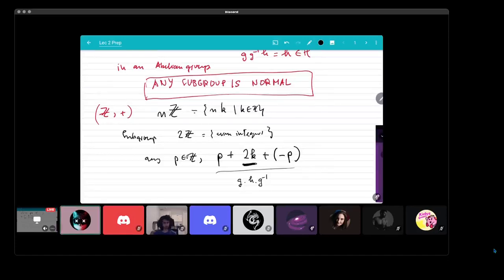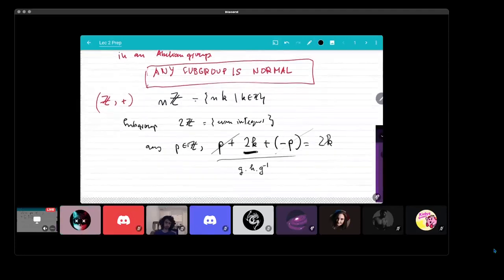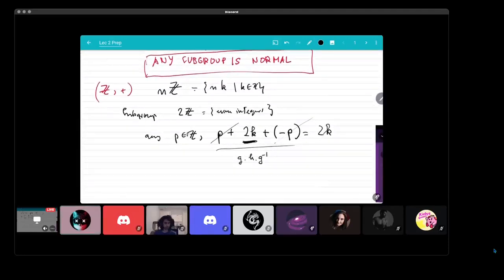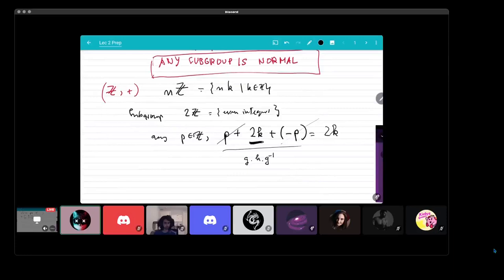Because of abelianness, we can calculate this by cancelling the p out, so it's 2k, and it remains even. This works for any abelian group or subgroup. So that's one relationship between abelian groups and normal subgroups.